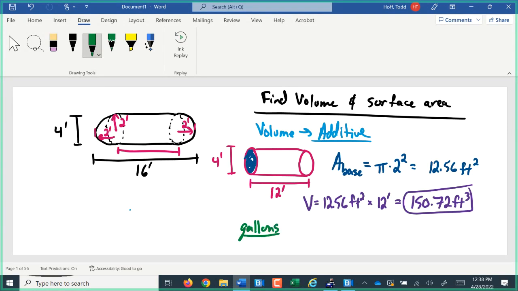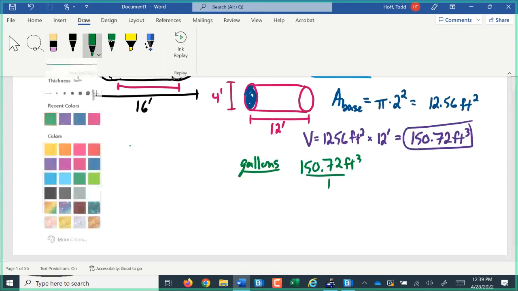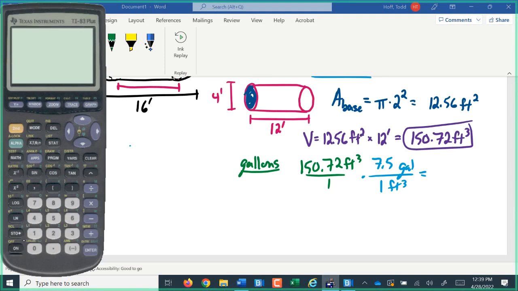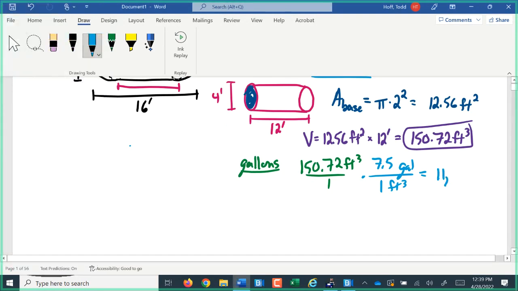How many gallons is that? Get some milk out. Start dumping.